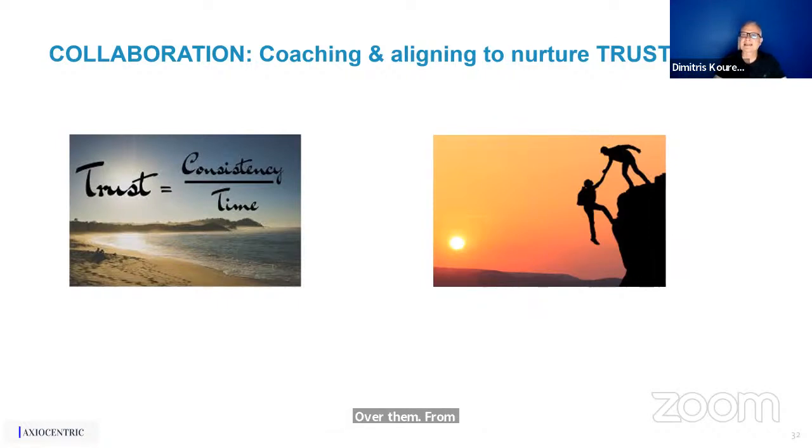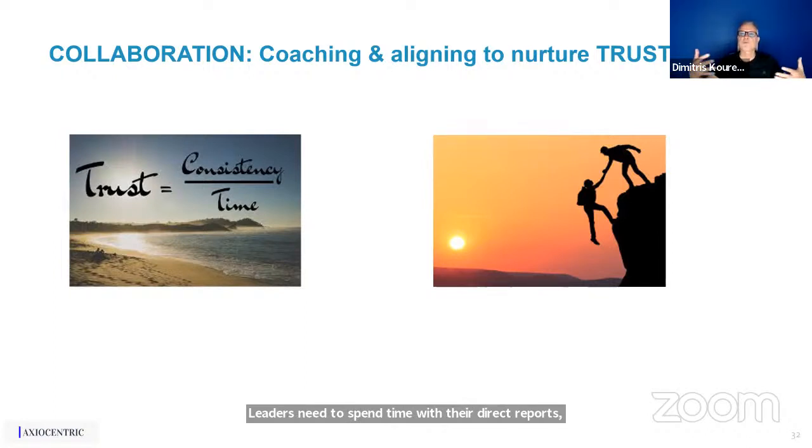Leaders need to spend time with their direct reports to nurture trust. Their direct reports naturally compete against each other.